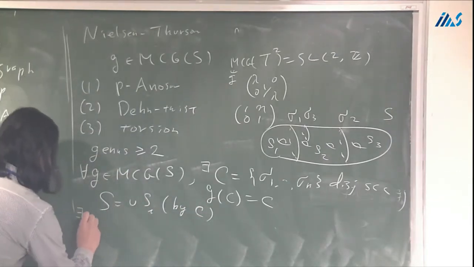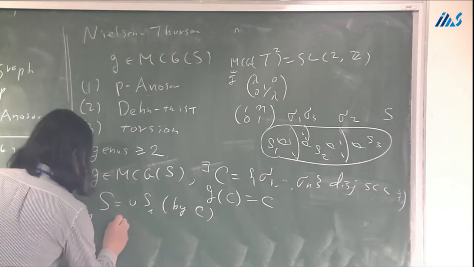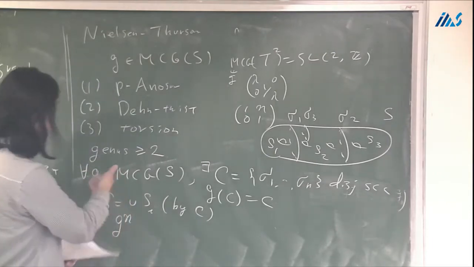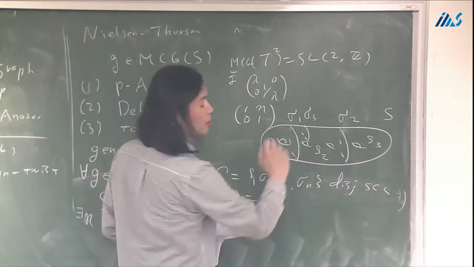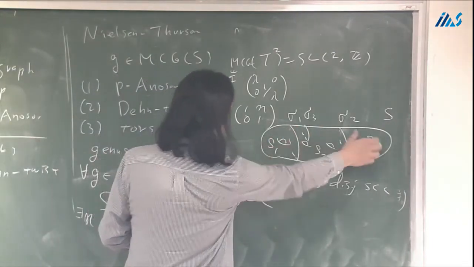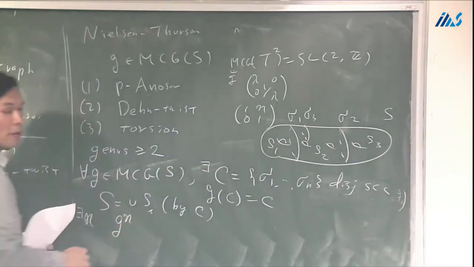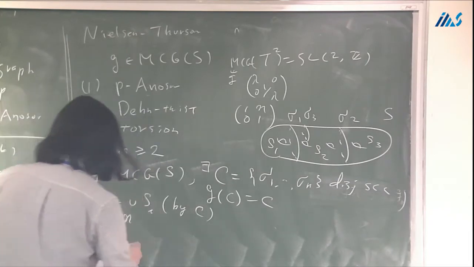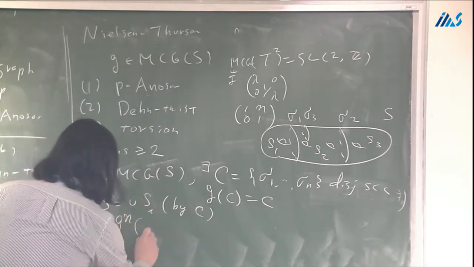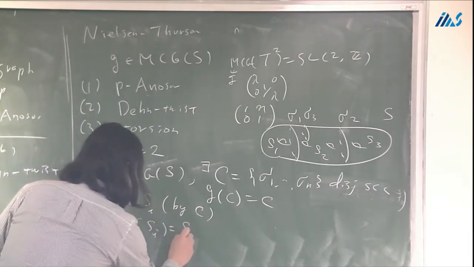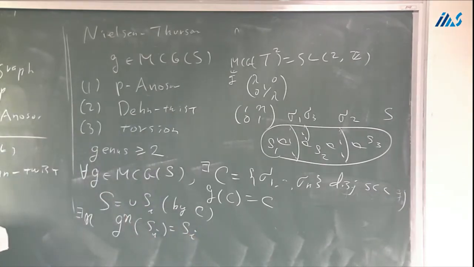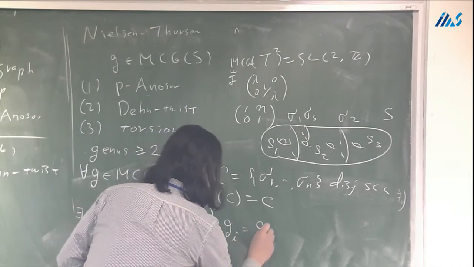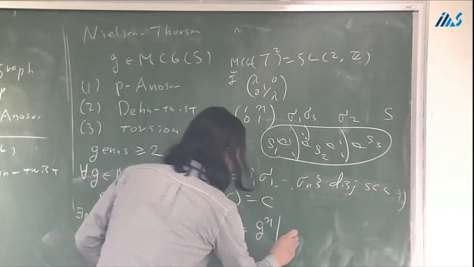And there exists an n so that if you take a power G to the n, each G permutes the pieces. In this case, maybe it permutes S1 and S3, but if you take a power, each piece is going to be preserved. So G^n preserves each one.